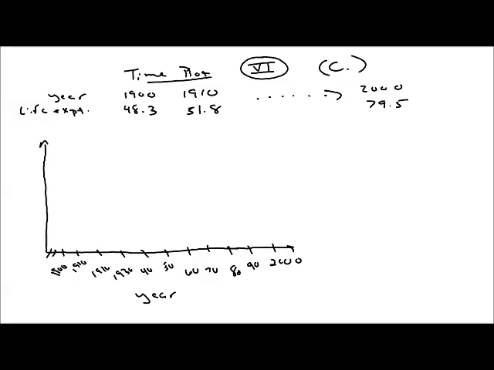So down here, this is years, or year. On the y-axis is what we're talking about. It's life expectancy. And that's in years.